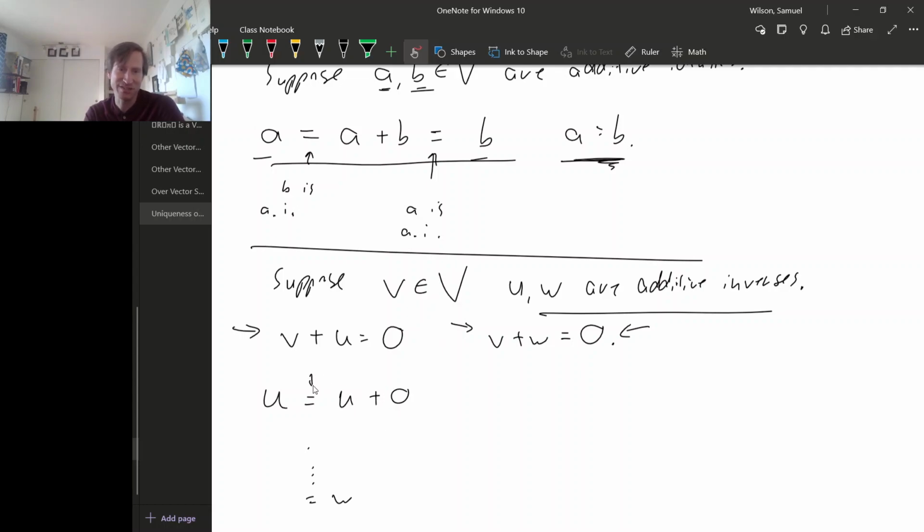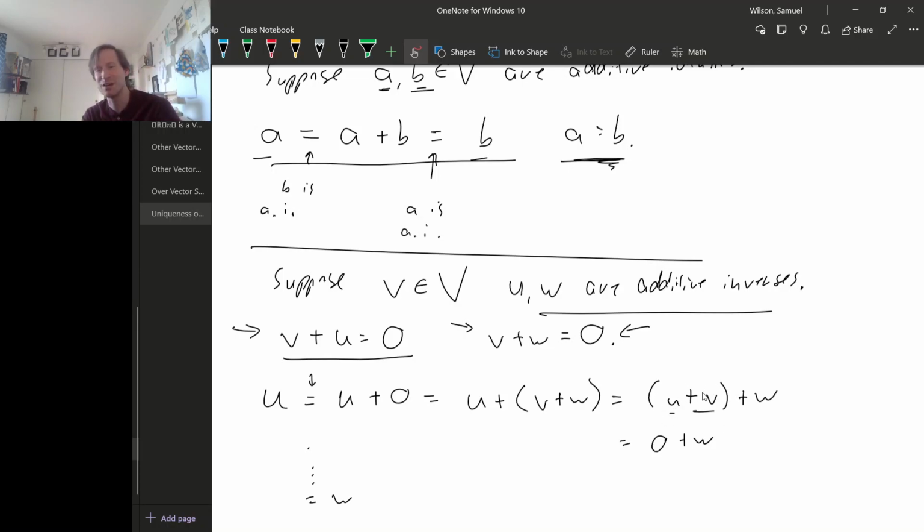So this is just because 0 is an additive identity, but then 0 is V plus W. But remember, vector addition is associative, so we can move these parentheses over here, U plus V plus W. So this is because of the associativity of addition. But look, U plus V, we've assumed right here that that's 0. So this is 0 plus W.